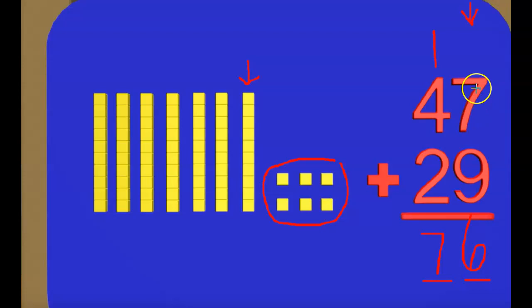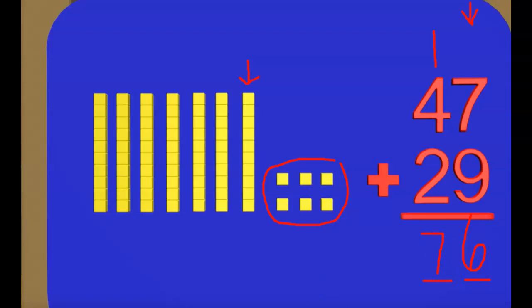We started with the ones place. We added, we put our number that's in the ones place in that. We carried over our 10, which I showed you in the model. Then we added up our 10s. It's that easy. You don't have to have the model with you. You can just make sure you do it with the ones, carry over your 10, and add the 10s. That is adding with regrouping.